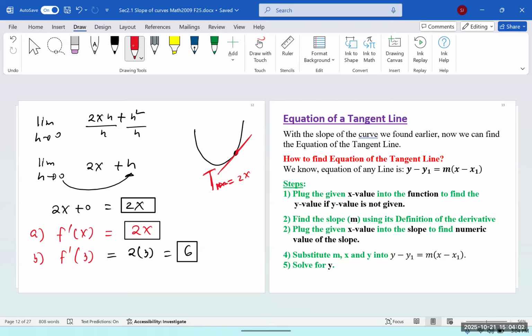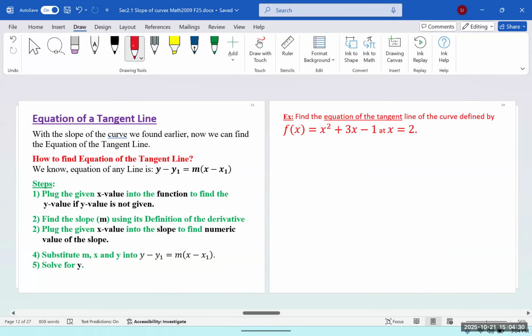Start with x1. If y1 is missing, find the y1. Once you have x1, y1, you look for the slope. Slope is the derivative. Once you take the derivative, that gives you a formula, but we cannot use the formula, so you substitute x in the formula to get the actual number. So x1, y1, the actual number for the slope, substitute, solve for y.